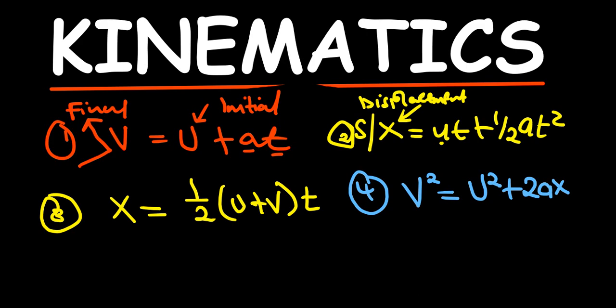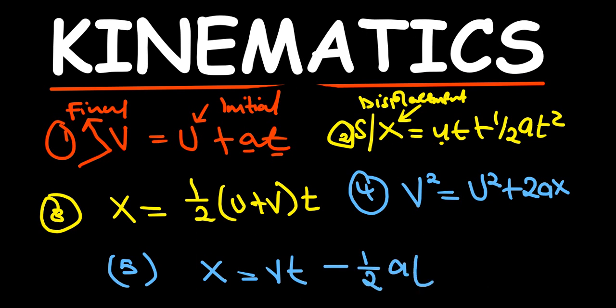And then finally, the fifth one is given as displacement is equals to final velocity multiplied by time minus 1 over 2 AT squared.